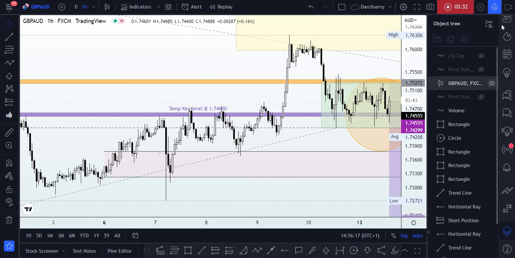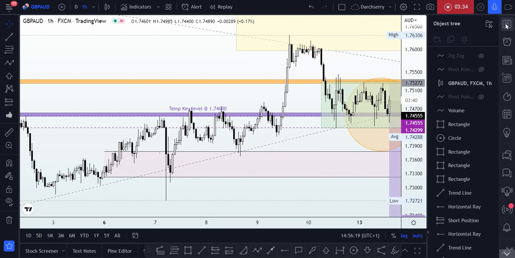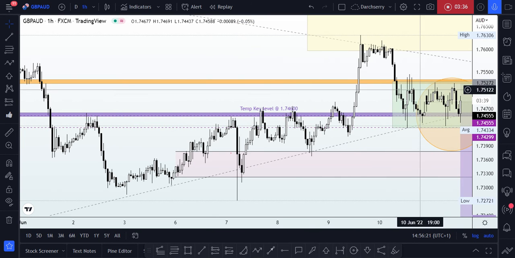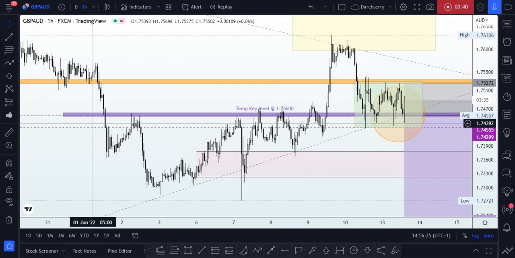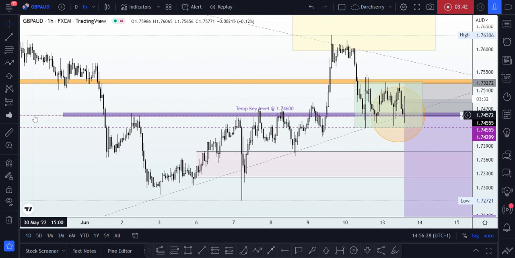We have this good. So at this point now, I have my entry point placed right around this area. My first entry point is placed here. That's at 1.74564, which I want to use as a testing of the waters to see how price plays out.